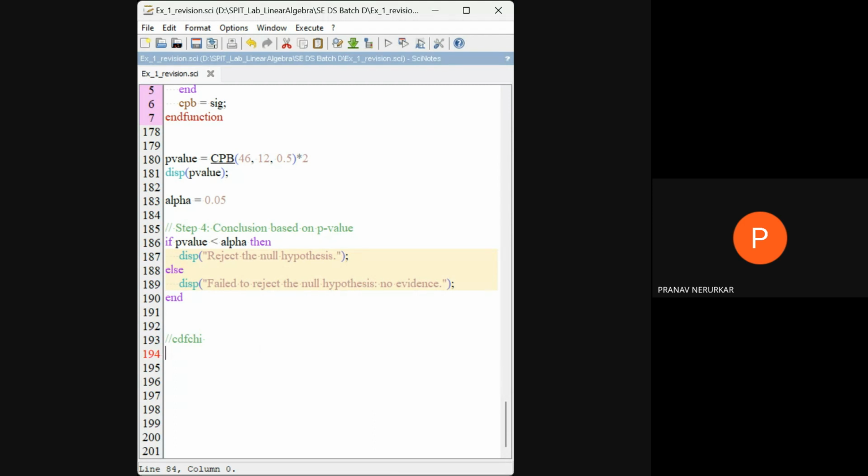So this cumulative distribution function of chi-square is a very useful mathematical function in Scilab. And the use of this mathematical function is inside one test. We can demonstrate the use of this function with the help of another statistical test, Pearson goodness of fit.